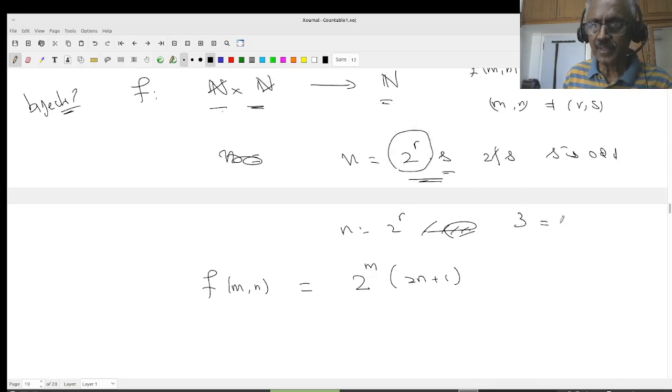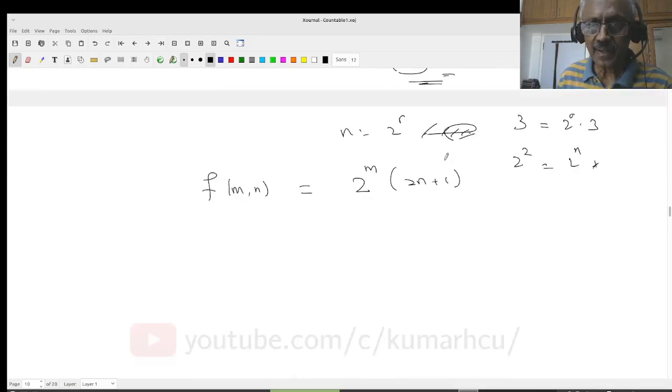If I take 3, then it is going to be 2 to the power 0 into 3. Therefore I should allow r to be 0. Similarly if I take 2 squared, then it is going to be 2 squared into 1. That means I should allow n to be 0, so that 2n plus 1 will be 1. Are you following? Please think.